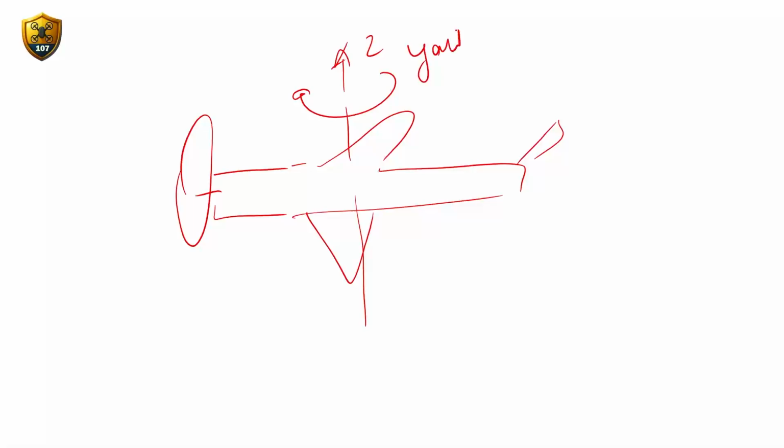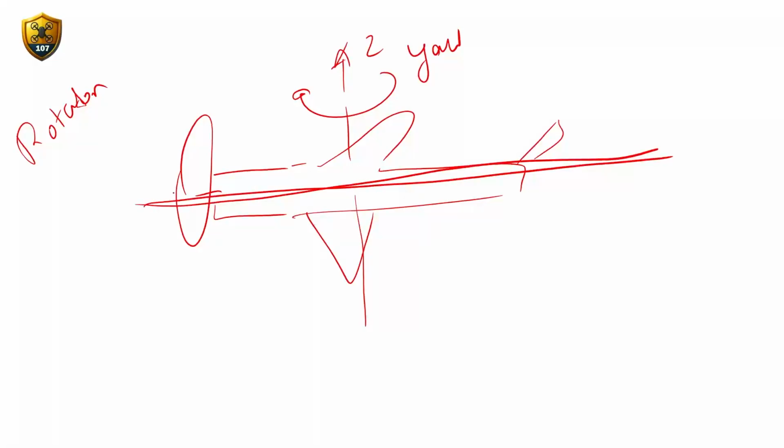This is the aircraft and this is the front propeller. If the aircraft rotates around the Z axis like this, we call it the yaw. These are all the rotations. If the aircraft rotates around the X axis, that means it is the roll.